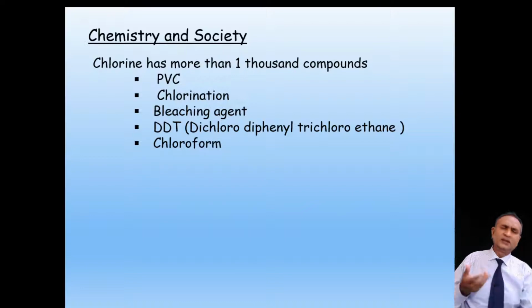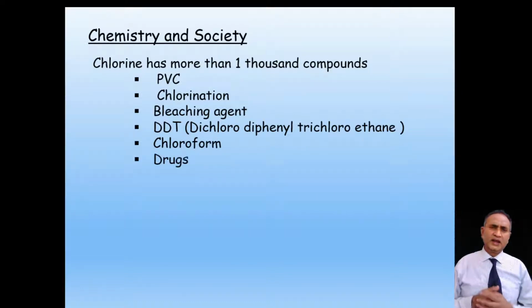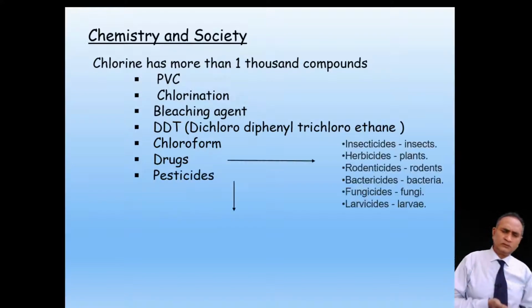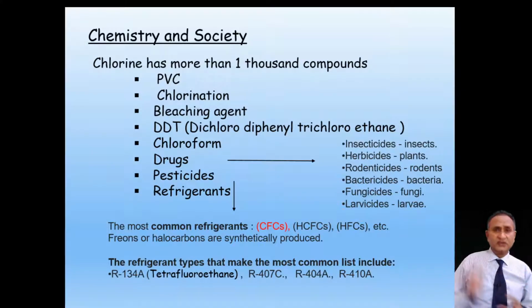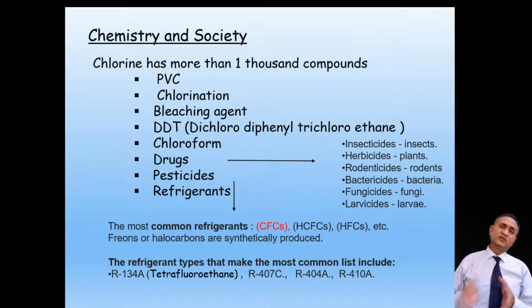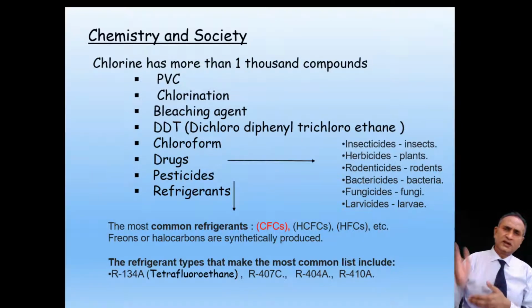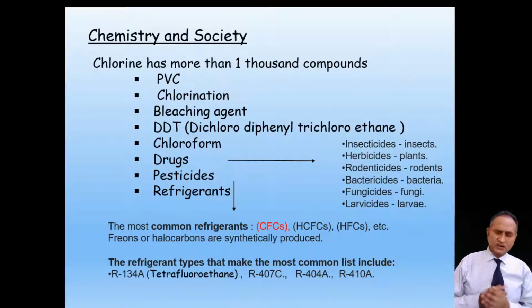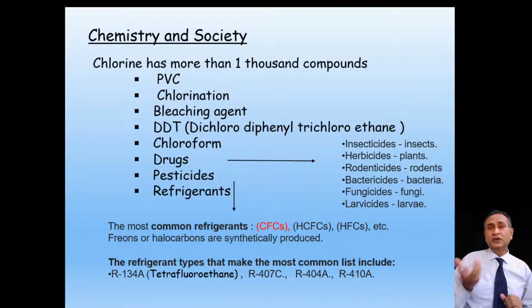You can see on the screen, for example, for making PVC pipes, chloroform, DDT, pesticides, drugs. I told you that there are refrigerant gases, the gases which are used as a cooling agent in our refrigerators, in our ACs or other cooling machines. So all of these are the different compounds of chlorine.